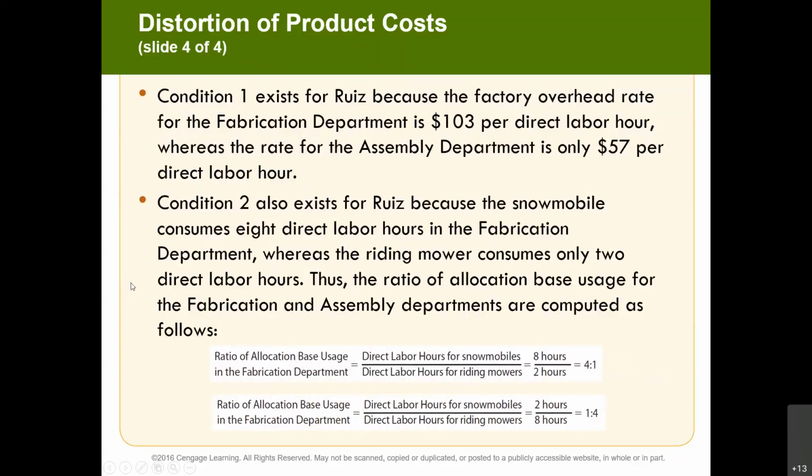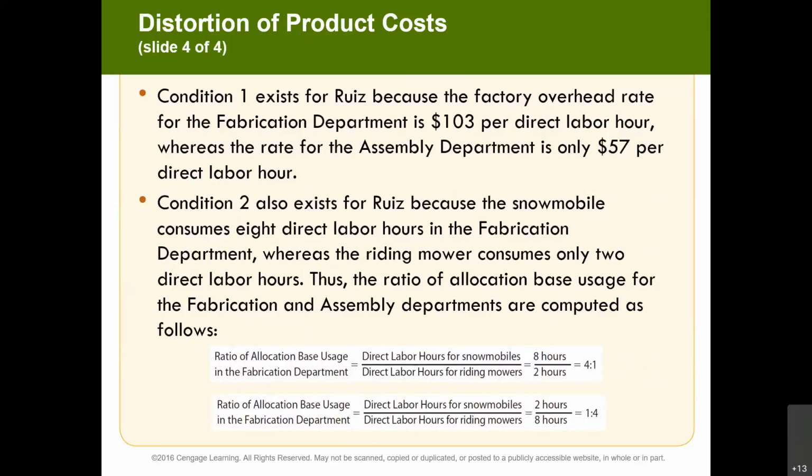So we talked about ratios in this example. For condition 1, we see that the company uses a factory overhead rate in the fabrication department of $103 per hour, whereas in the assembly department it's $57 per hour.